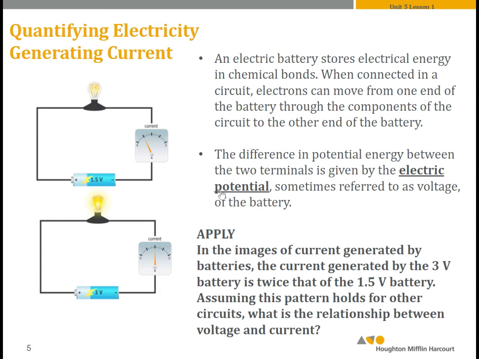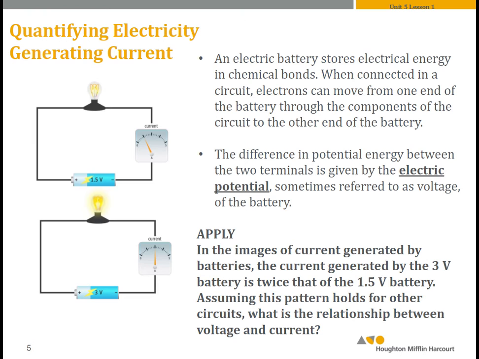In these two images, we see that the 3-volt battery has twice as much current as the 1.5-volt battery. So what does this tell us about voltage and current?